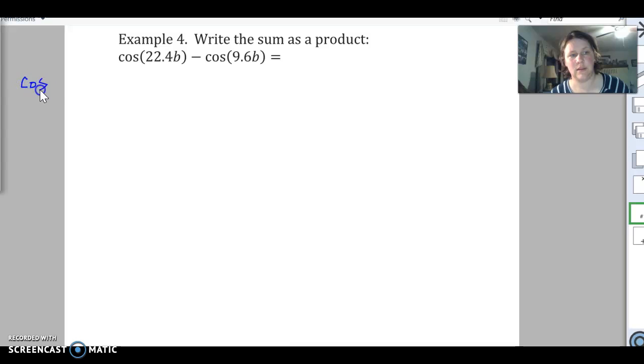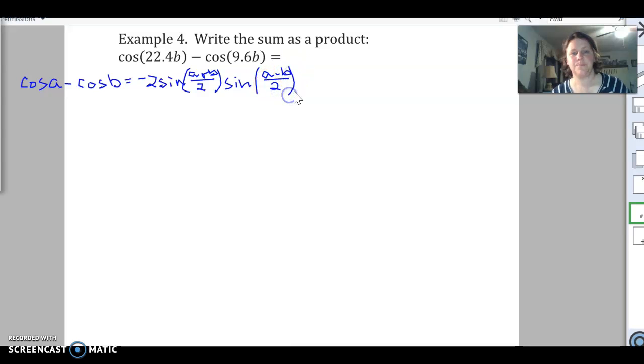So we'll write down that cosine of A minus cosine of B is equal to negative 2 sine of A plus B over 2, and then sine, again, of A minus B over 2.